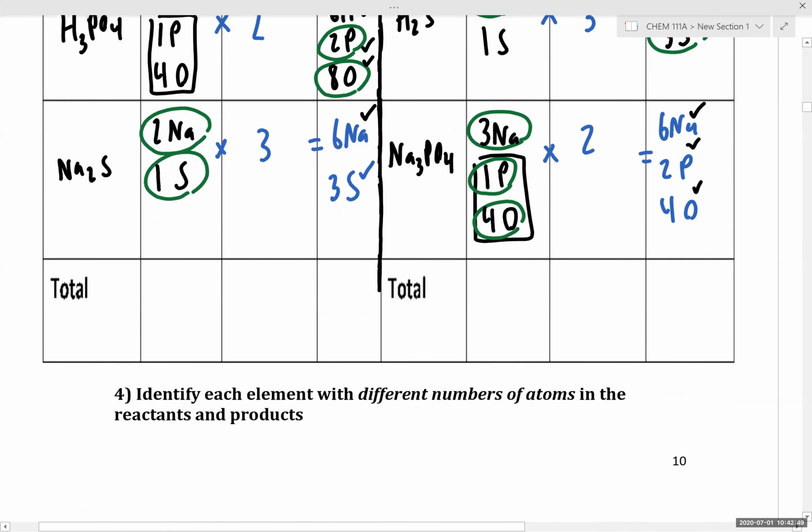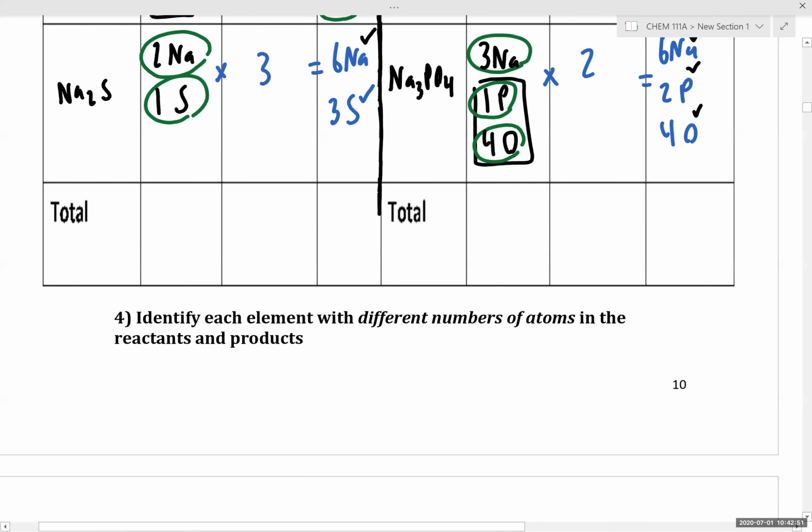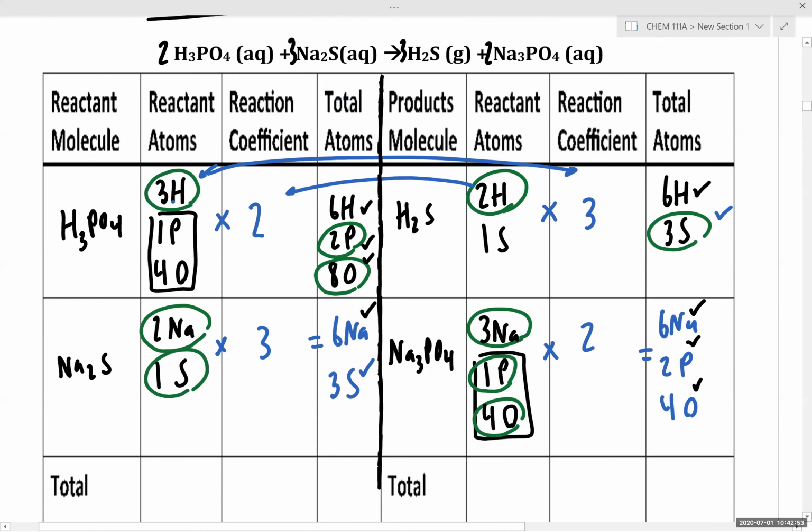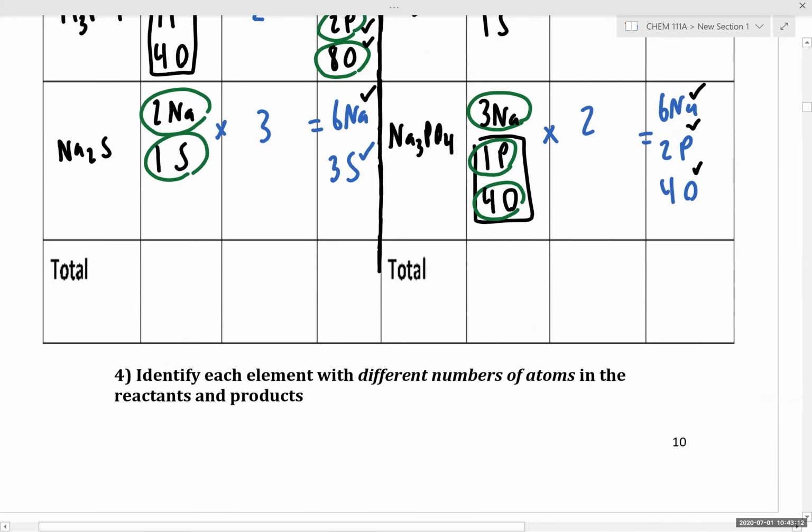So let's rewrite. So we've done this entire procedure in one table. There's additional space provided if we want to break this process down into each of its component steps.